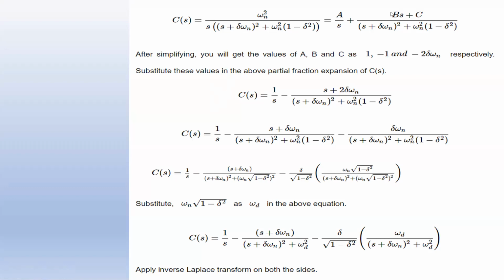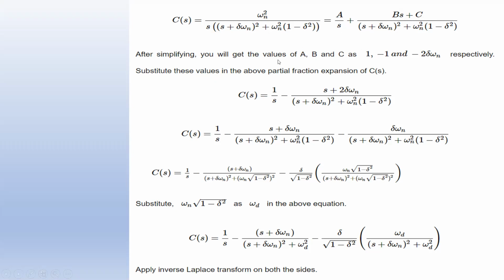We have one pole at s equal to 0, so we can write this partial fraction as A by s, and the quadratic term, whose roots cannot be simplified, as Bs plus C by this term.